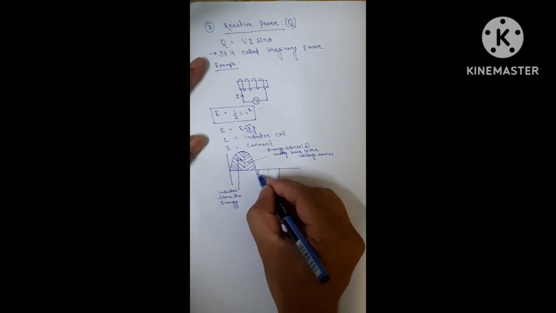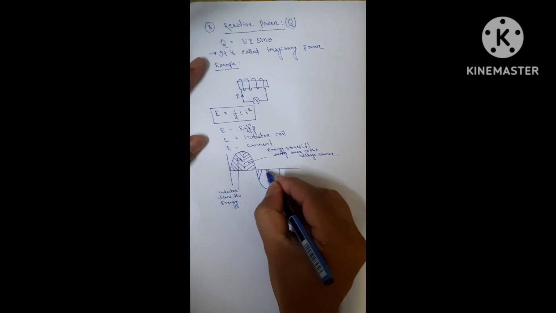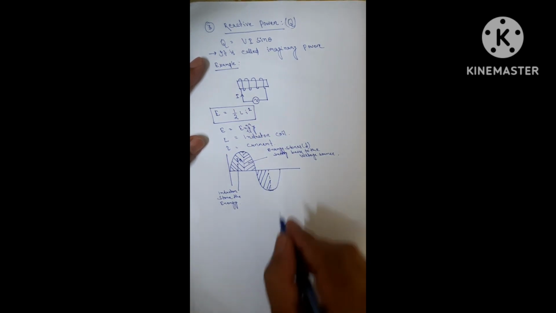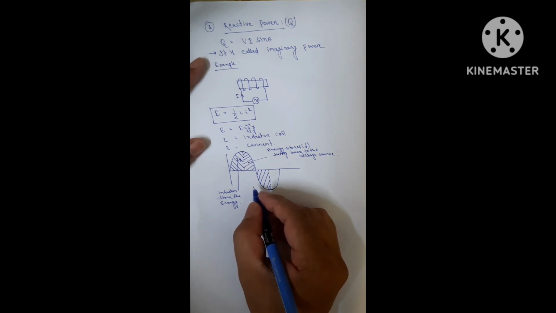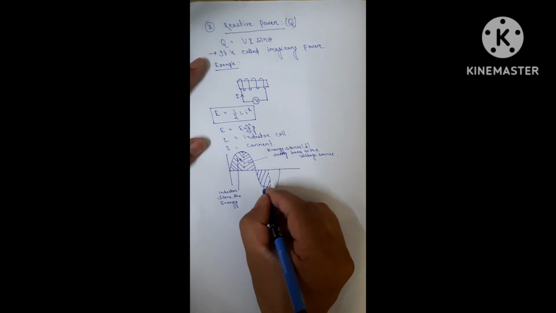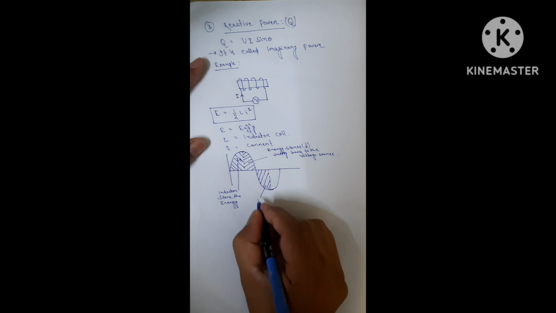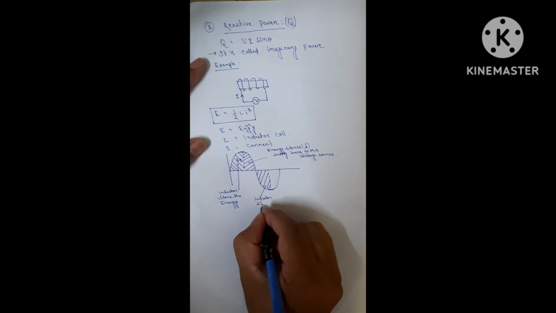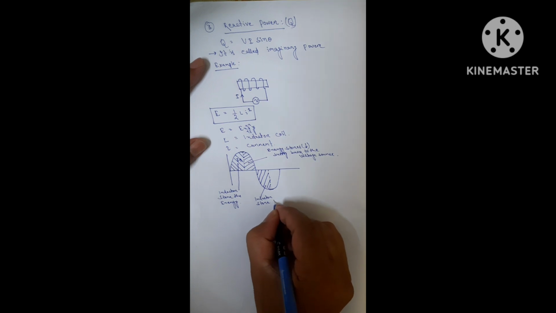Now if you see in the third quarter, what happens? This one is your third quarter. In the third quarter, the inductor also stores energy.